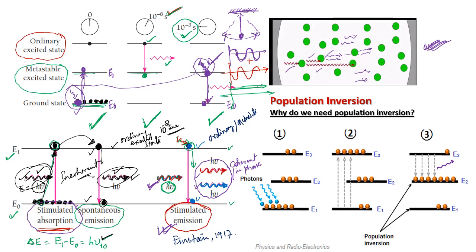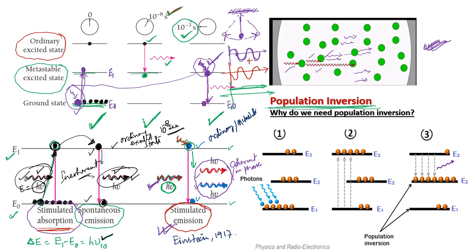The next important thing, which is very important, is population inversion. Normally, when a system of atoms is in thermal equilibrium, there are always more atoms in the low energy state or the ground state than in the higher excited state.